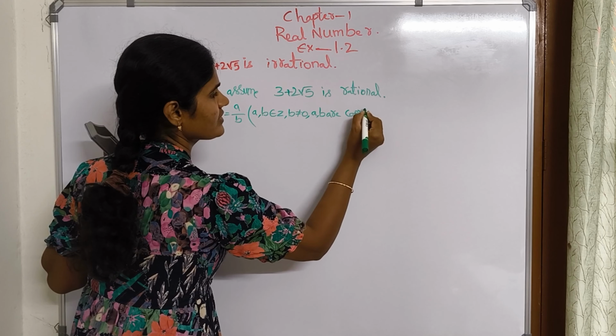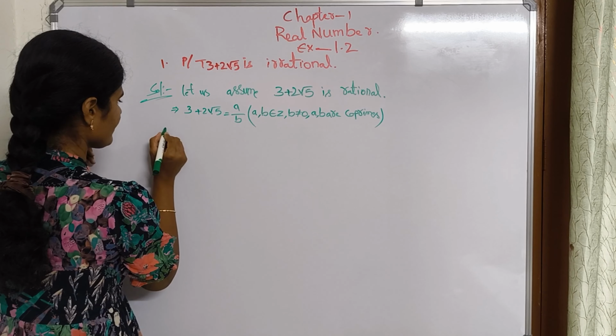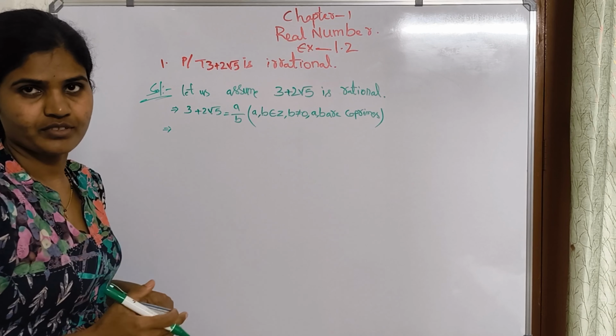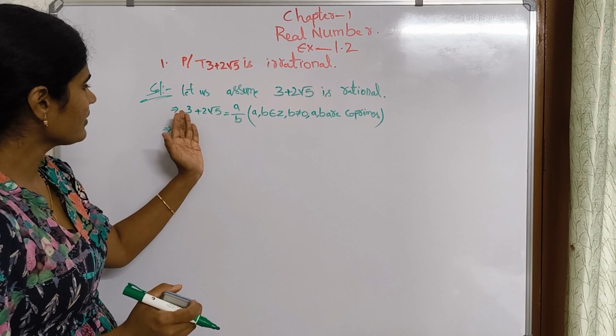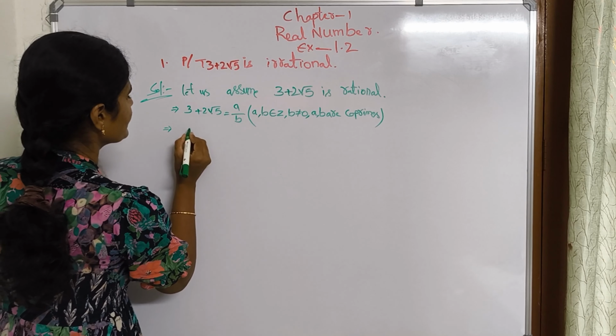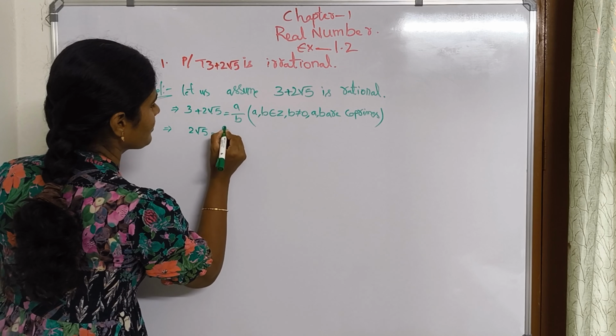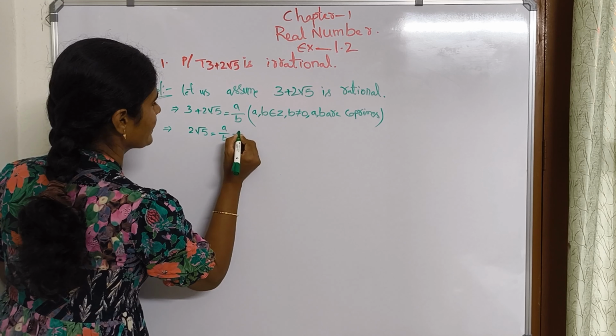Yes? Next, you take the 3 to the right side. For that purpose, 2 root 5 equals a by b minus 3.